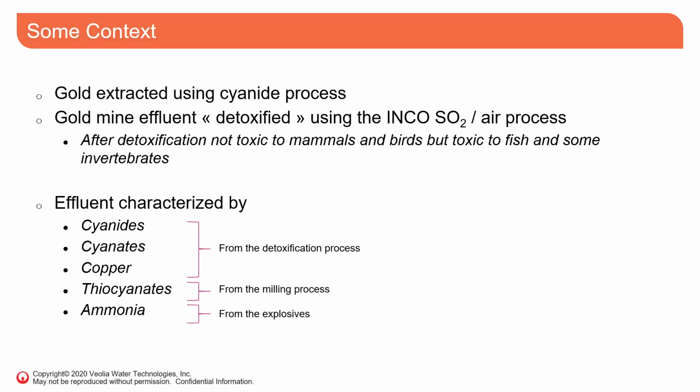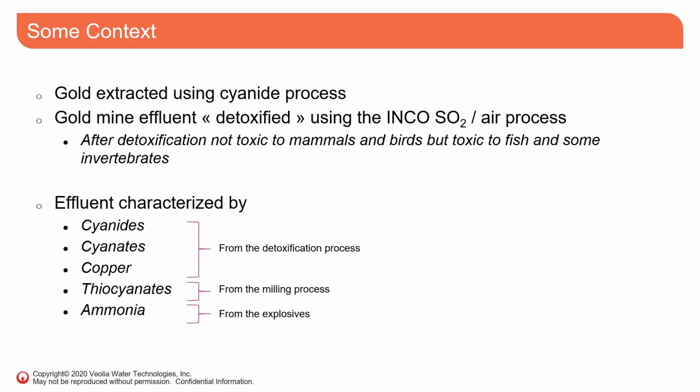So before finding toxicity issues with the mine, you need some context to understand what the mine is experiencing. The mine is extracting gold using a cyanide process. As many of you know, a cyanide process creates very toxic water, especially for dogs or mammals.